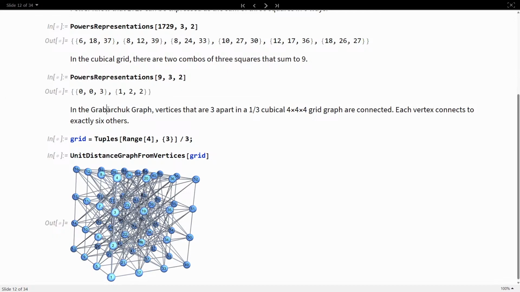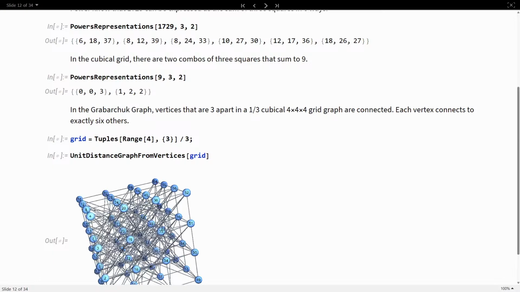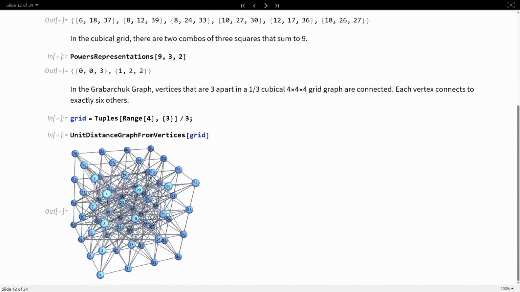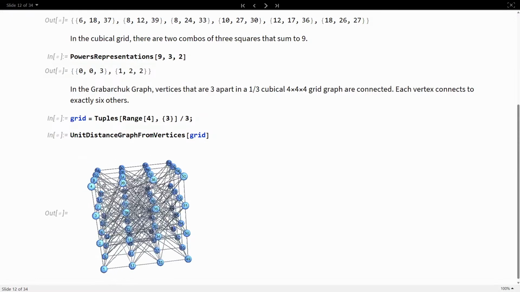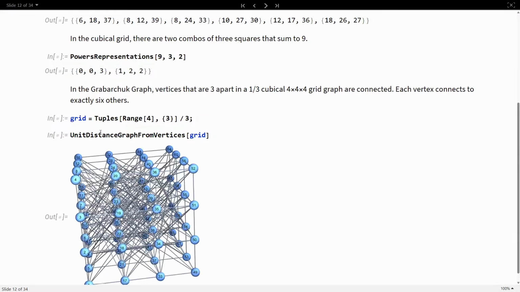And Serhii Grabarchuk noticed that if you take a 4x4x4 grid and look at all distances that are exactly 3, either 0, 0, 3, for example, vertex 4 here to 52, just basically a straight line, that's a distance of 3.